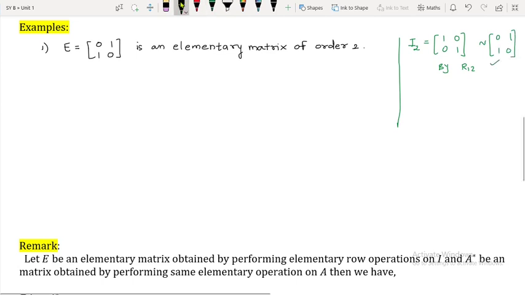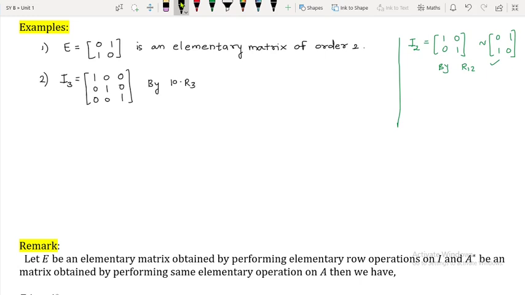Now let us go for another example. For this I will take I3. You know what is I3, right? 1, 0, 0, 0, 1, 0 and 0, 0, 1. Now let us perform one elementary row operation. I'll say, some 10 times R3. So what are you going to get?